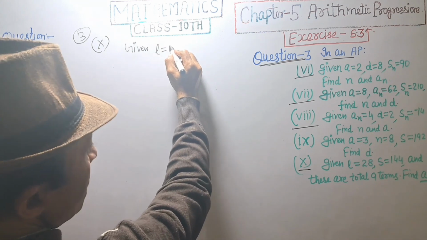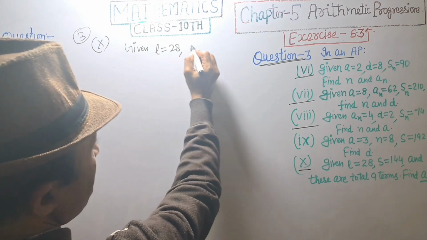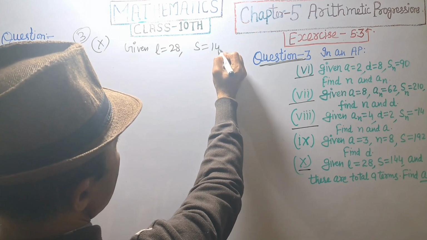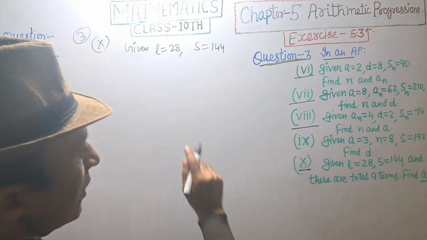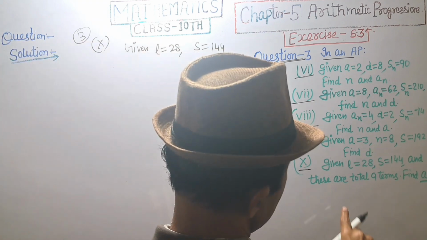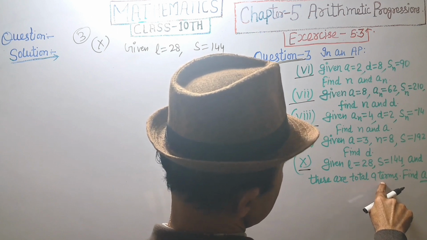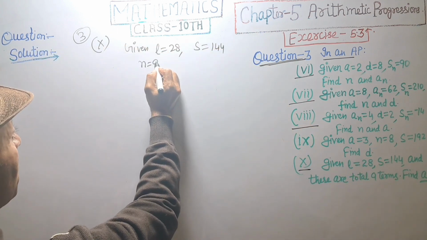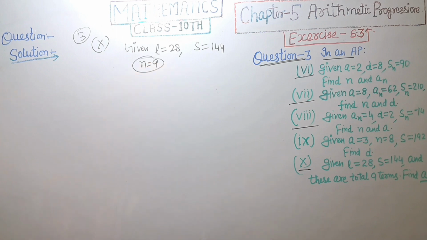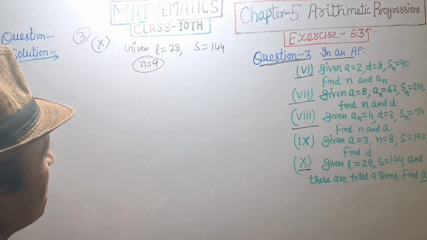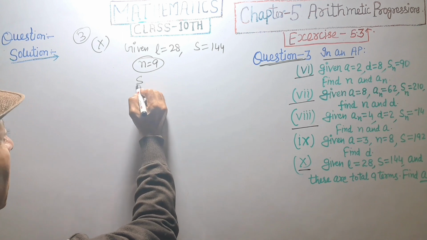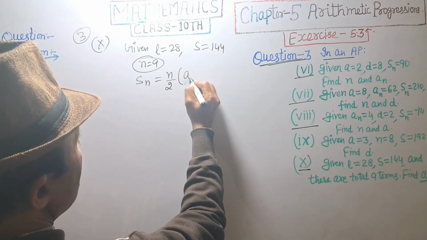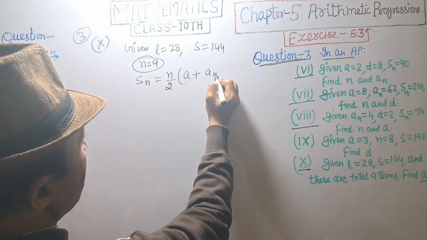Given L is equal to 28 and S is equal to 144, then there are total 9 terms. Find a. N is equal to 9. So Sn is equal to n upon 2 into a plus an.